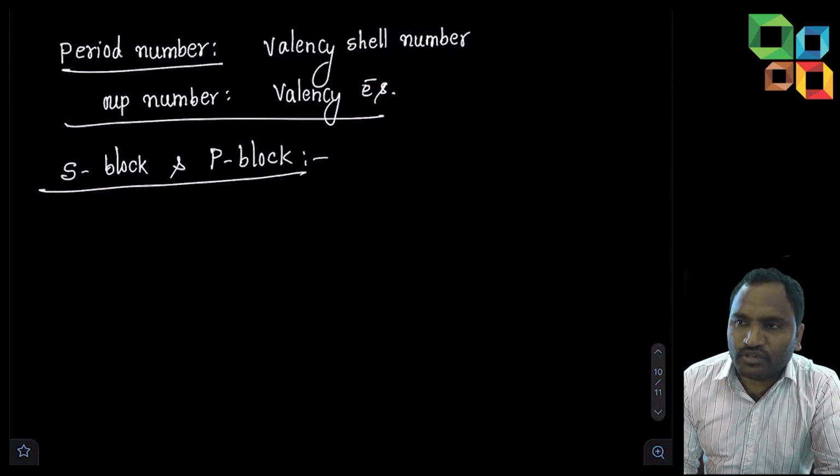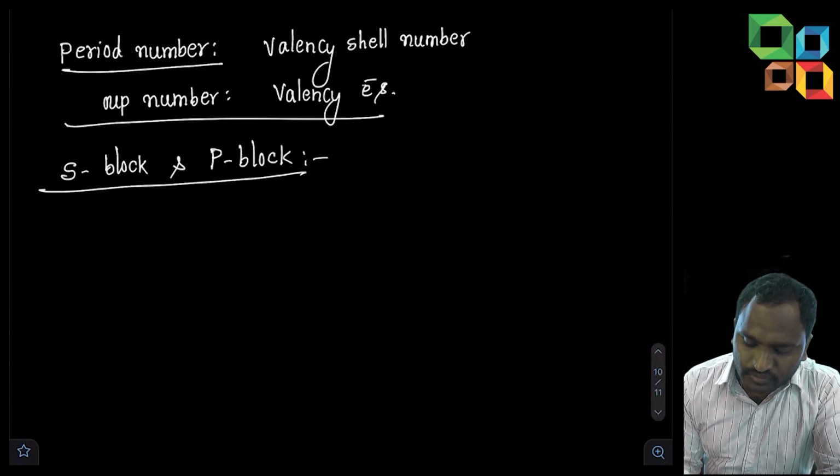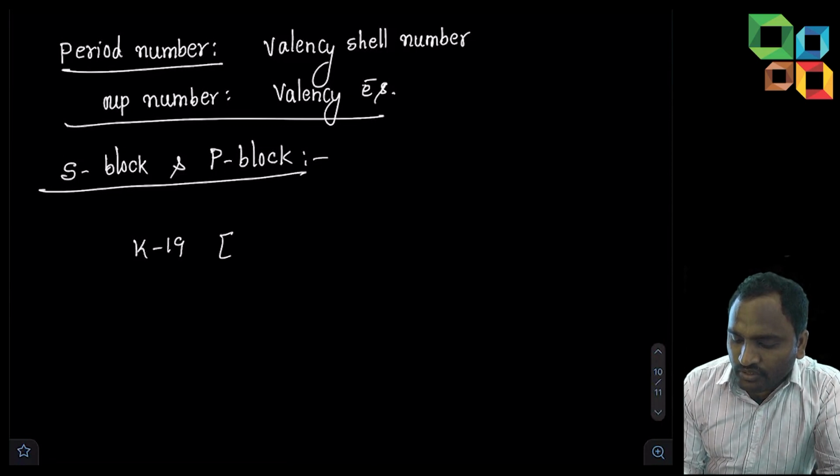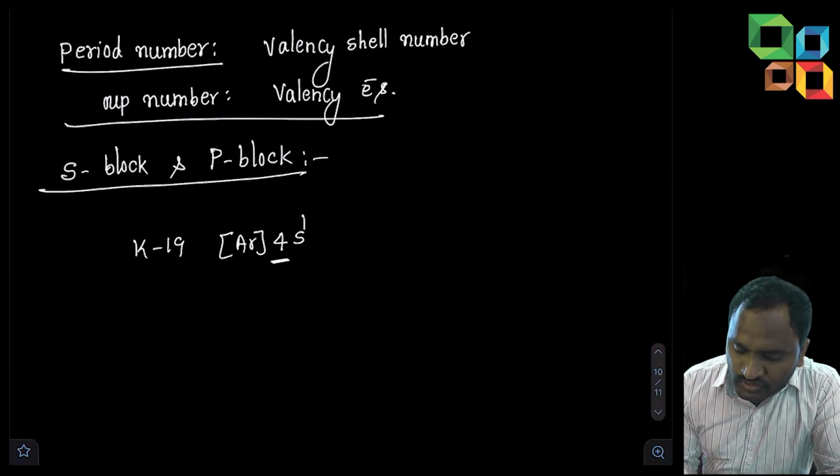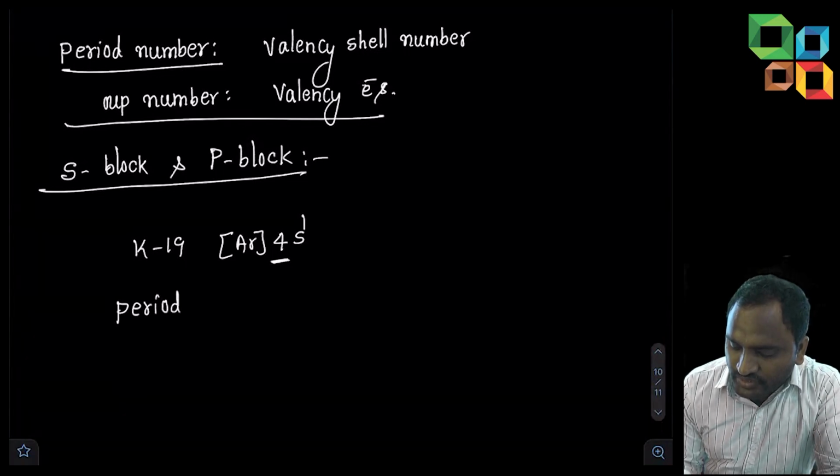Suppose you are given one element, potassium, atomic number 19. Electronic configuration is argon 4s1. So this is the last shell, isn't it? So potassium's valence shell is 4, right?